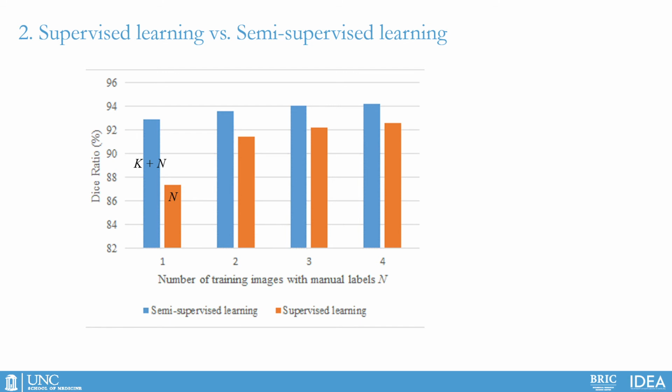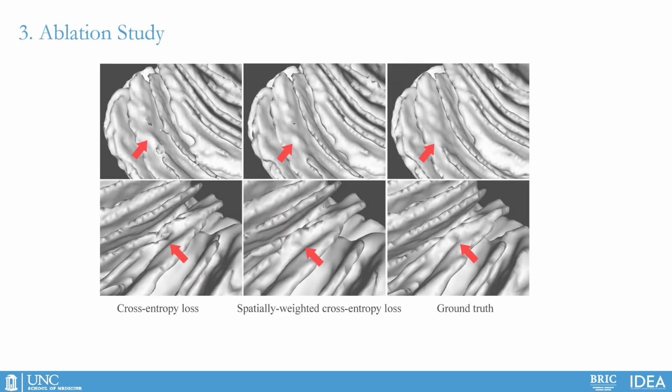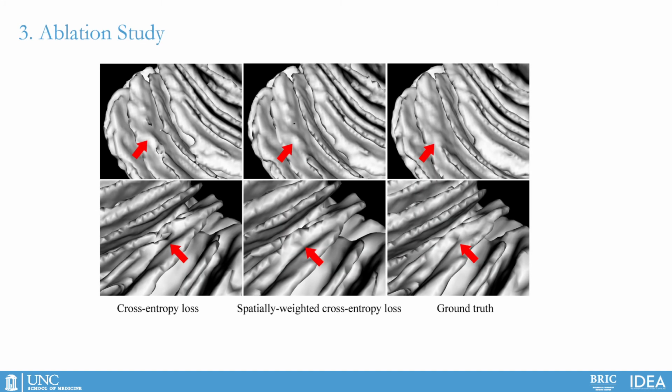As we can see, the Dice ratio of semi-supervised learning is higher than that of supervised learning, which indicates that the unlabeled images are helpful to improve the performance. We further made an ablation study to show the importance of the proposed loss function. We can observe the regions indicated by red arrows. Obviously, the results of the proposed spatially weighted cross-entropy loss are more consistent with the ground truth.